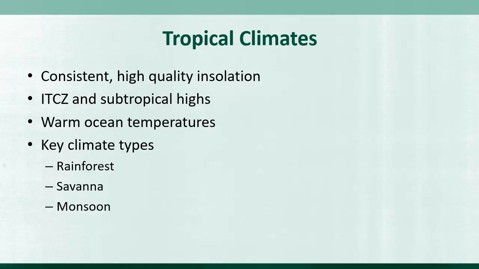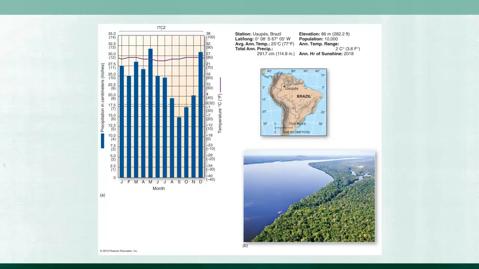Lots of precipitation, but that precipitation might vary a little bit based on where the ITCZ or the subtropical highs are. So let's talk about the two key climate types, rainforest and savanna, and then I'll mention the monsoon after this. And we're going to do that by looking at climographs of each of these.